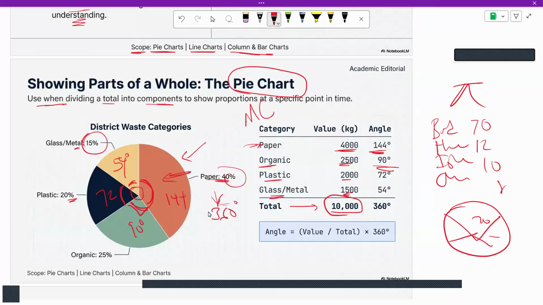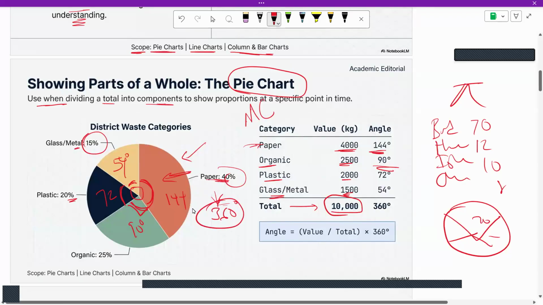So we have to divide this 360 degrees into four different parts based on their value, kilograms.